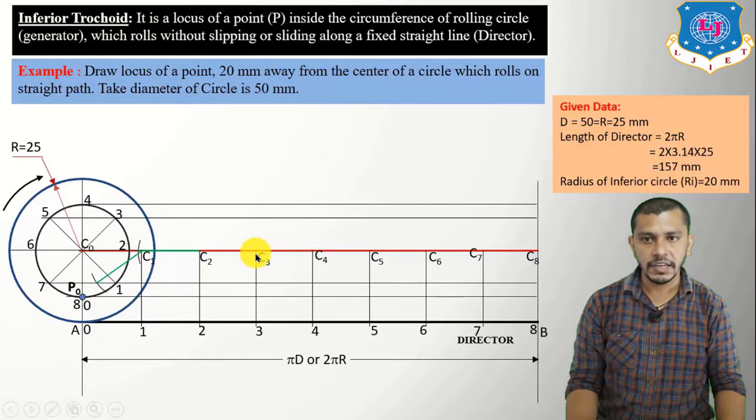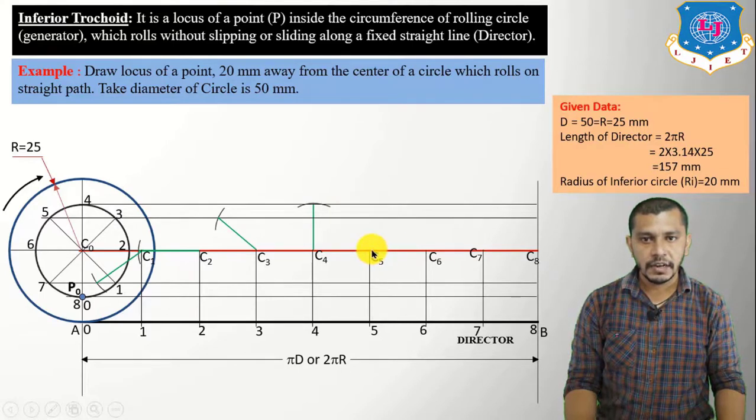Now from C3 as a center, give an arc on the line passing from the third point of the circle. Make sure that the radius remains the same for each arc, which is equal to the radius of the inferior circle, right now 20 mm. Now take center at C4 and give an arc on the line passing from the fourth division of the circle.